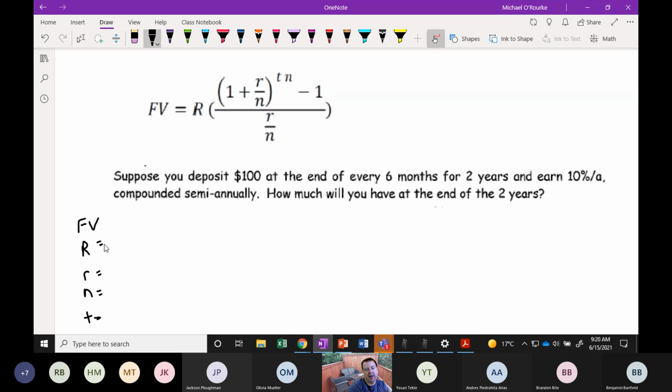Okay, can you guys help me out and tell me what I have here? Type in chat what you think I have here. So suppose you deposit $100 at the end of every 6 months for 2 years and earn 10% compounded semi-annually. How much do you have at the end of 2 years? My R is 100, correct? My regular payment is 100.